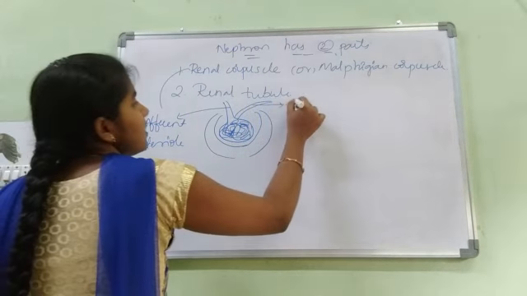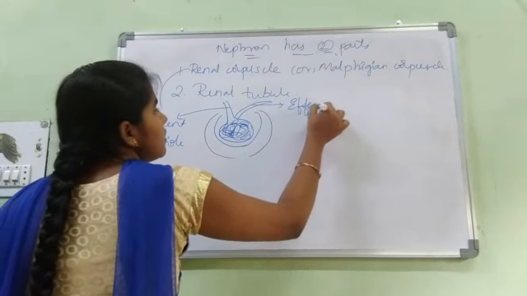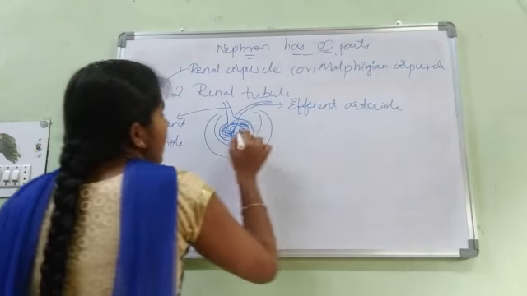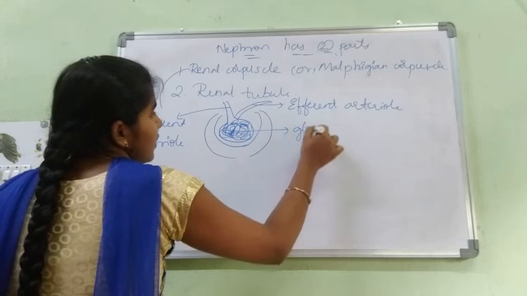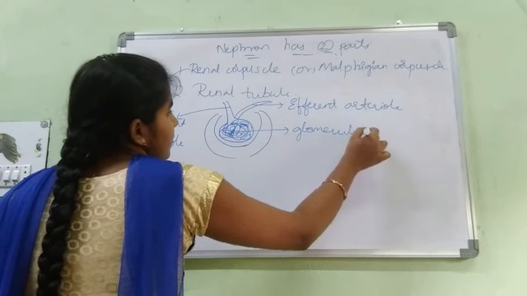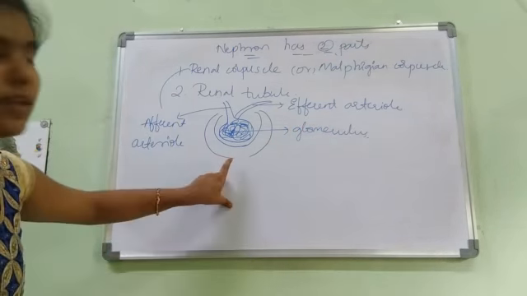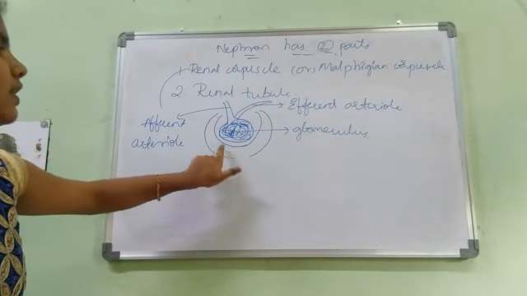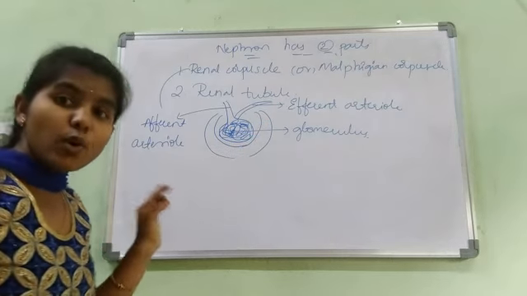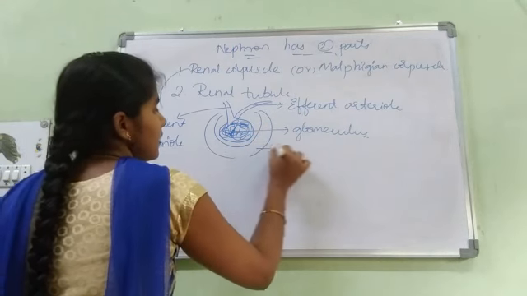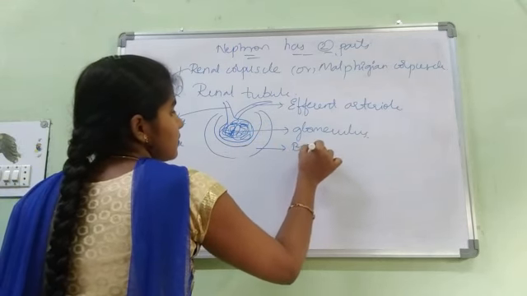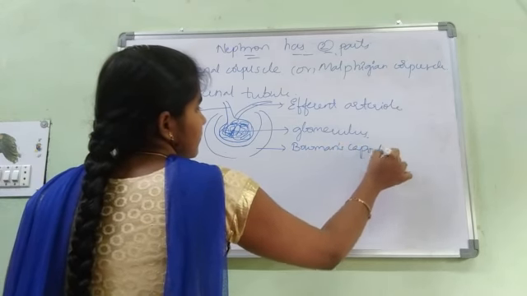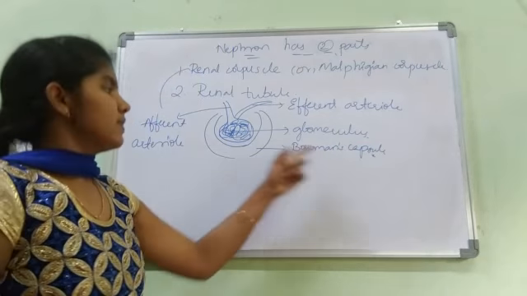And this is the efferent arteriole. And this is the glomerulus. The glomerulus is surrounded by a double-walled cup-like structure called Bowman's capsule. This is called Bowman's capsule.